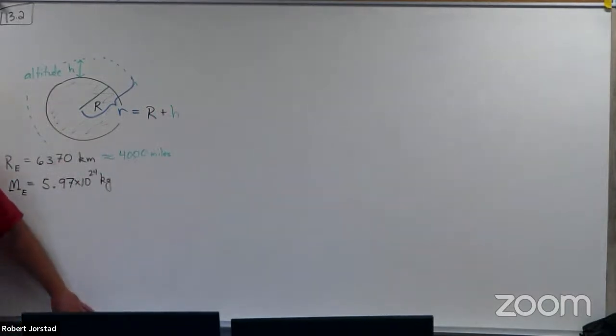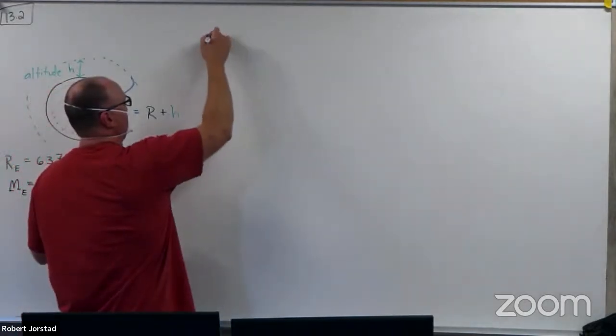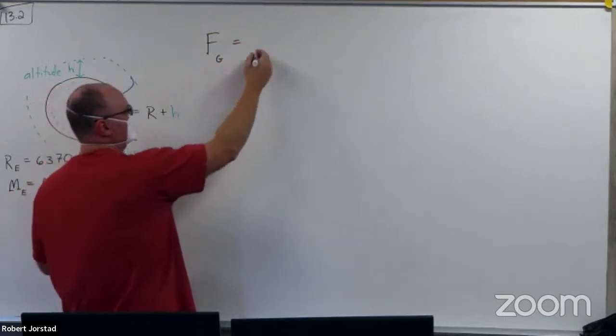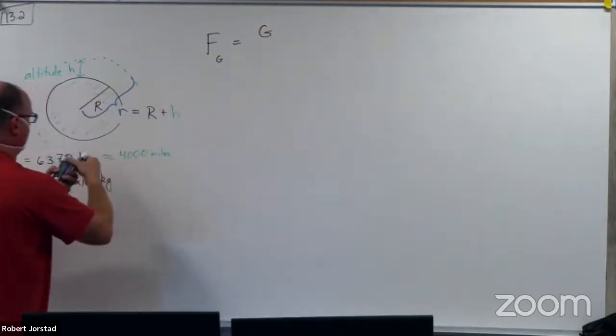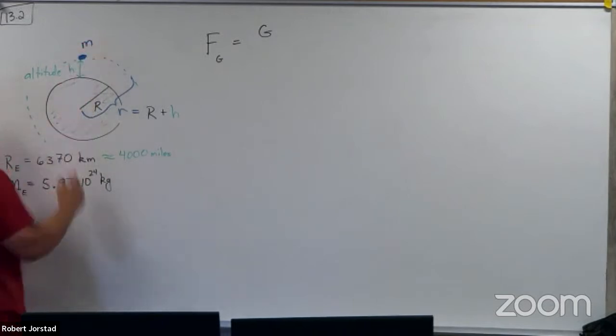So in a practical problem, how would this change things? The force due to gravity from big G would be G times the mass of whatever's sitting up here. Let's say there's some object up here with some mass, little m.